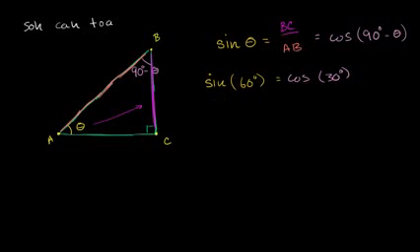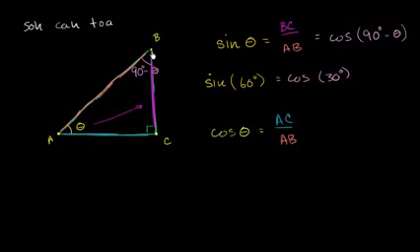We could think about the cosine of theta. The cosine of theta is going to be equal to the adjacent side to theta, to angle A, I should say. And so the adjacent side is right over here. That's AC. So it's going to be AC over the hypotenuse, adjacent over hypotenuse. The hypotenuse is AB. But what is this ratio from angle B's point of view?